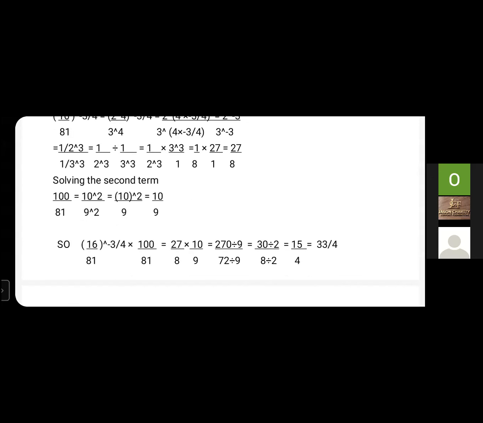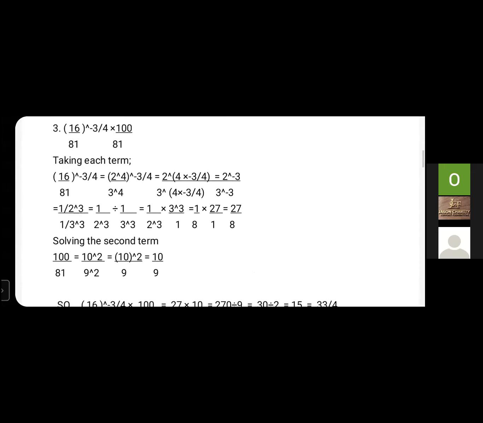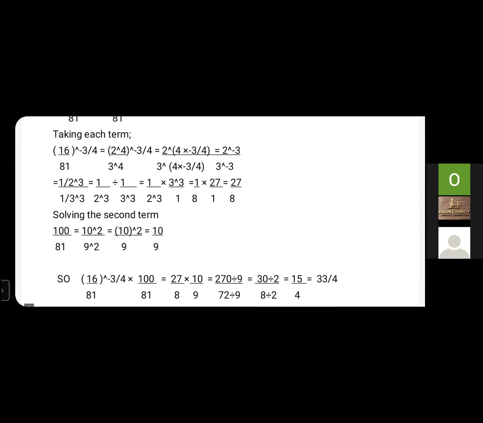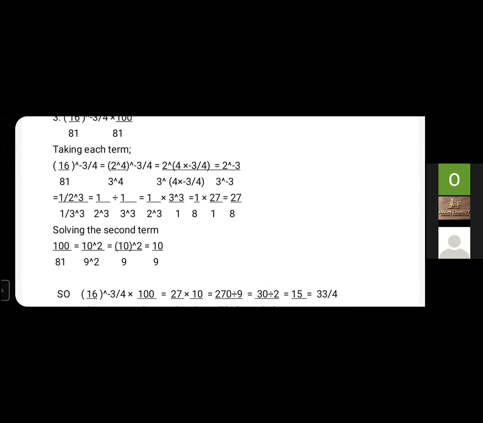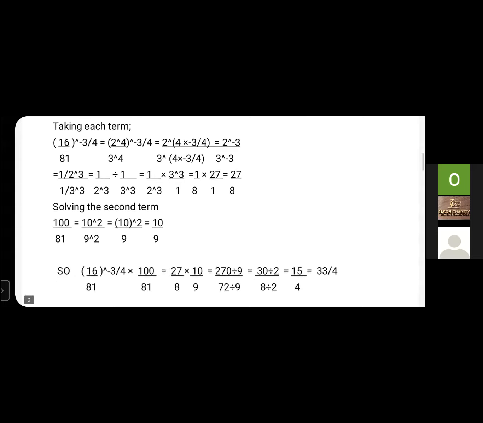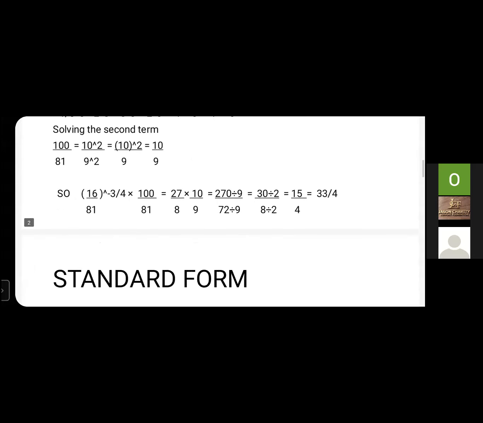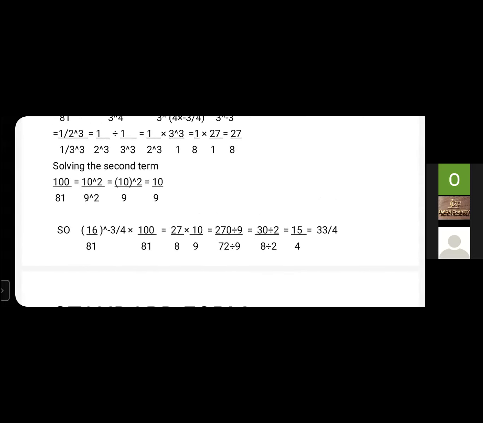So in the long run, we have 10 over 9 raised to the power of 1, which gives us 10 over 9. Having solved the first term and the second term, we've gotten 27 over 8 as the first term and 10 over 9. So 16 over 81 raised to the power of minus 3 over 4 times the square root of 100 over 81 gives us 27 over 8 times 10 over 9.